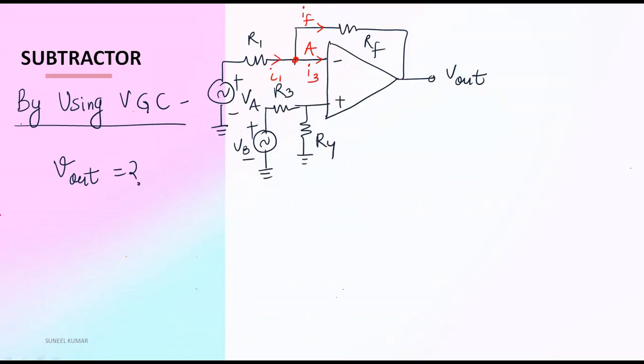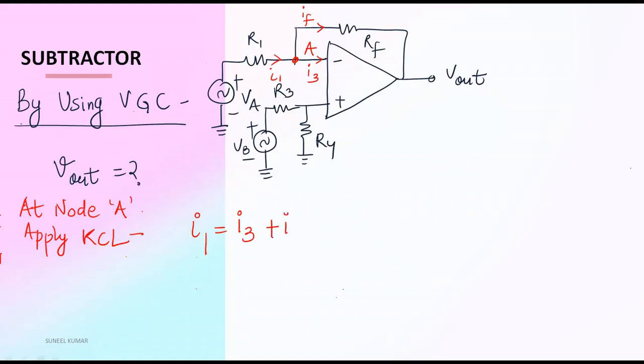So at node A, apply Kirchhoff's current law. This will become I1 is equal to I3 plus IF. Since we have infinite input resistance, this I3 will become 0.